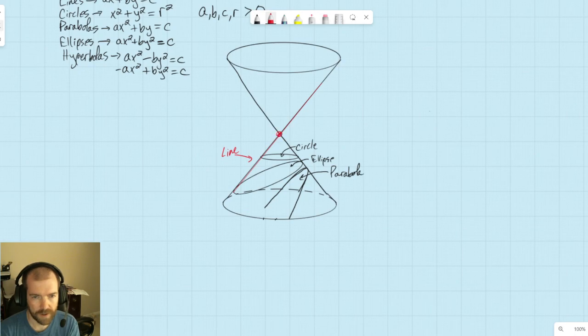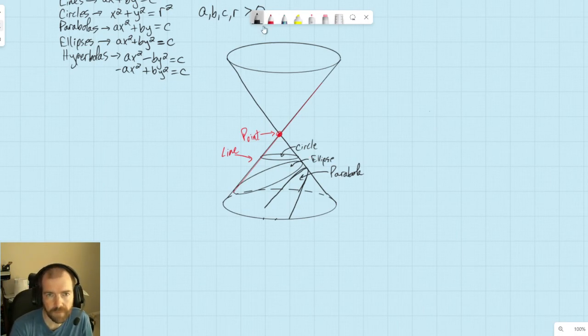Likewise, the conic section created by the intersection of the two lines gets us a point. All right, then the fun one.